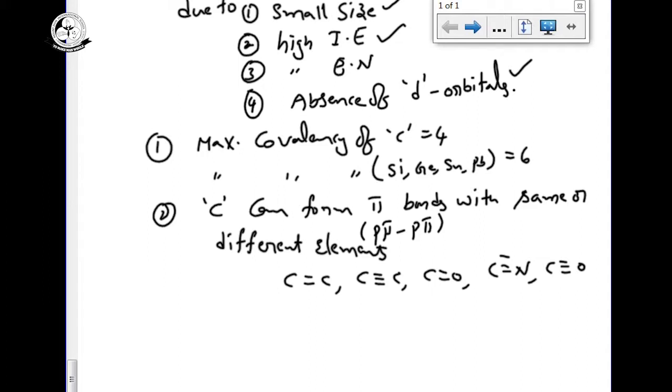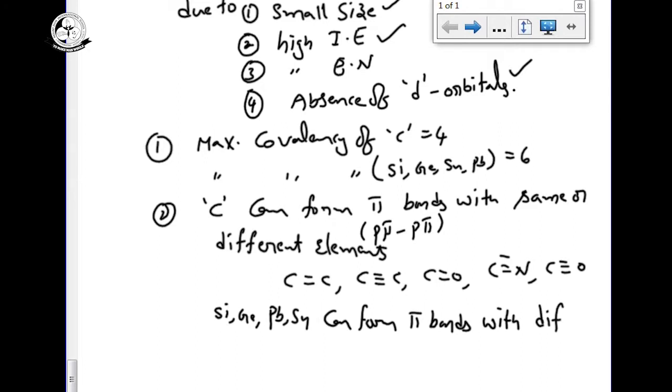But the rest of the elements, silicon, germanium, tin and lead, can form the multiple bonds with different elements only, but not with the same elements.